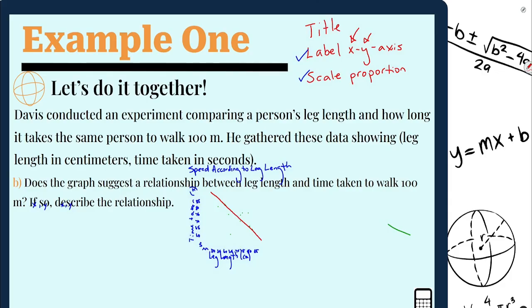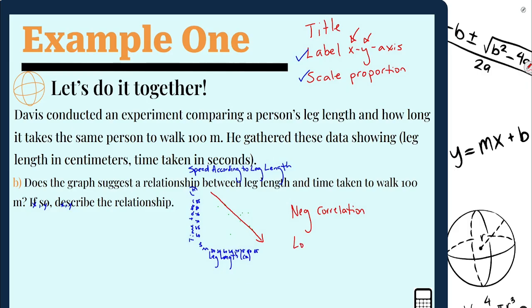The points go down and to the right. This suggests a negative correlation. That means that the time taken to walk 100 meters tends to decrease as leg length increases.